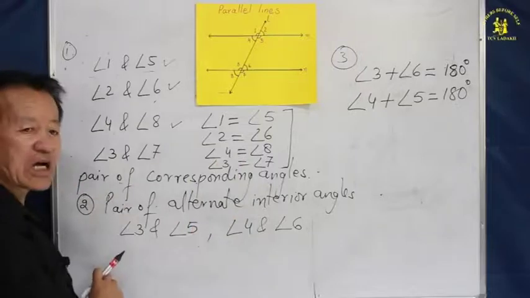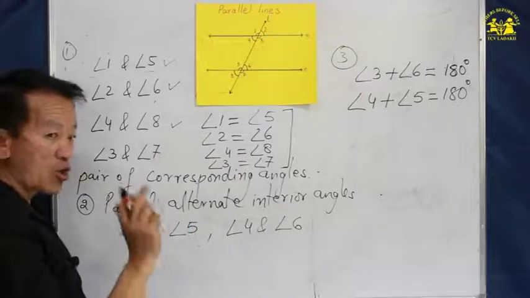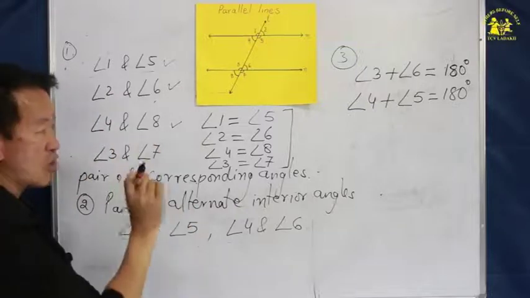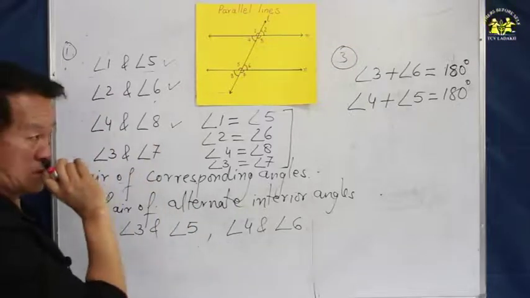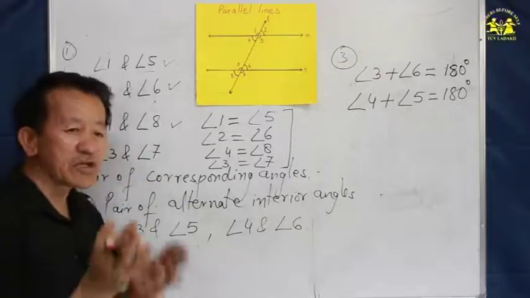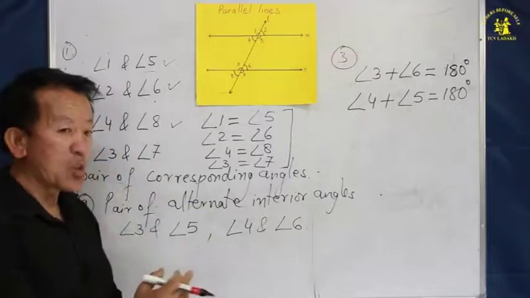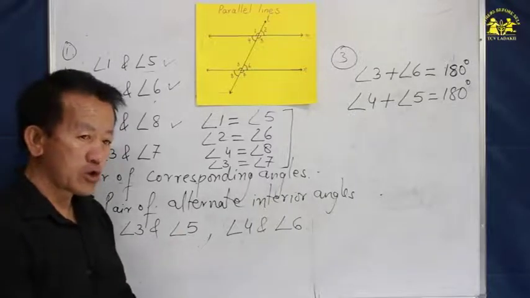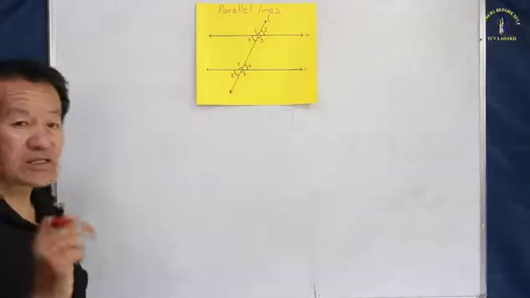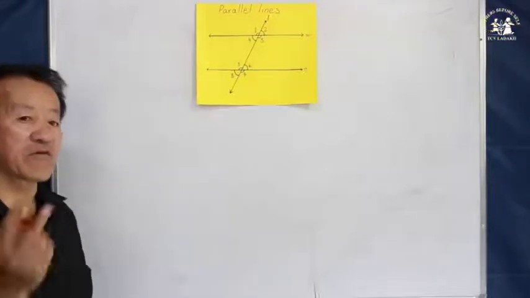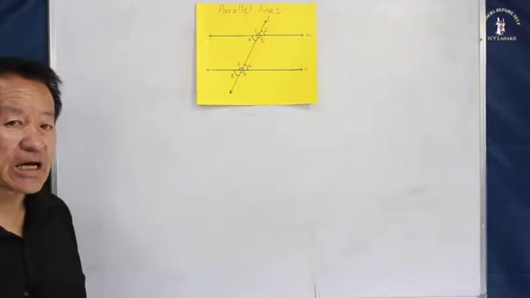So that is the converse. So we have the corresponding angles axiom and the converse of the corresponding angles axiom. Based on these two axioms, we will create four more theorems.